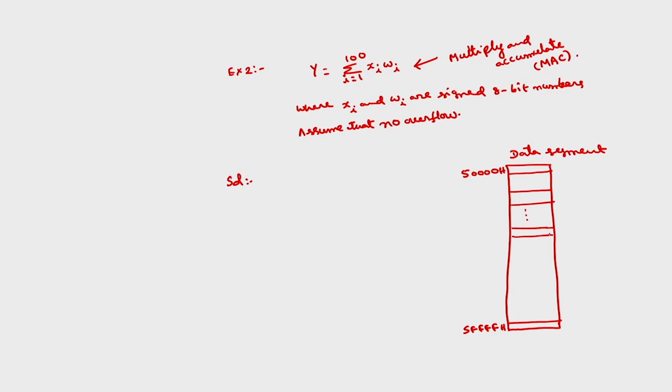Here, if I assume a total of 100, the X array goes from 50000H to 50063H. Here x1 is stored and here x100 is stored.